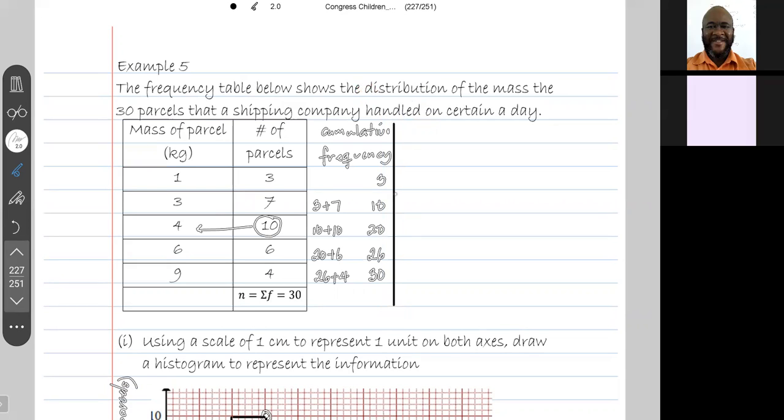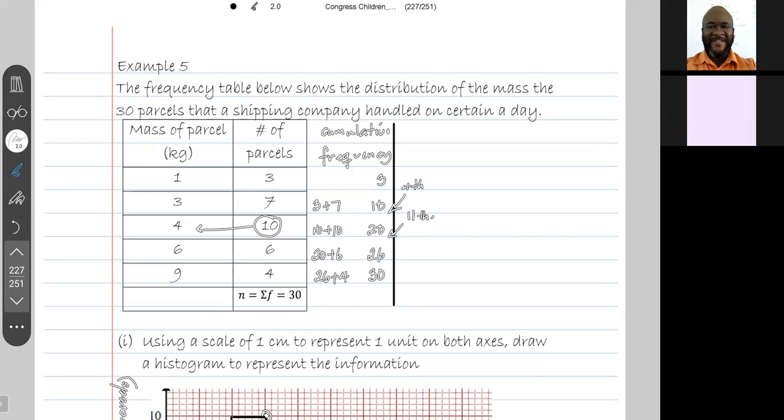Guys, the first 3 values are 1. The 4th to the 10th value is 3. The 11th to the 20th value is 4.